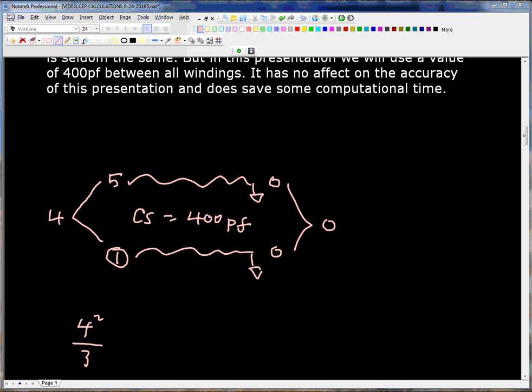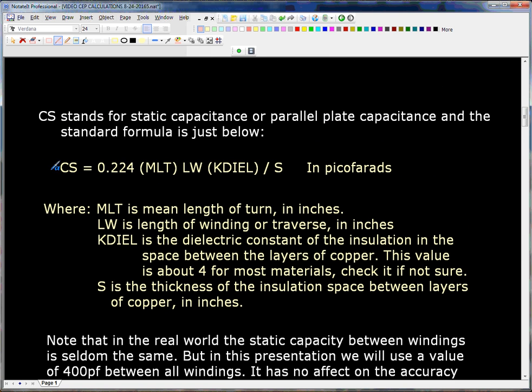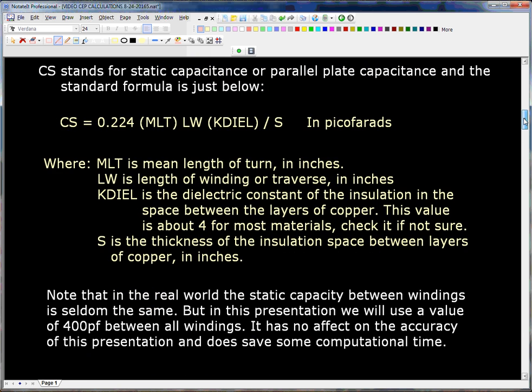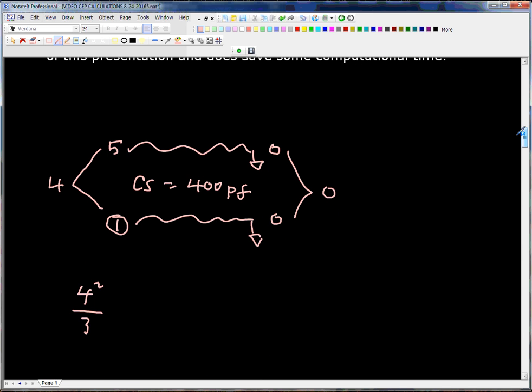Now remember, we went up here and showed you an equation right here. That's this value. Normally you would calculate it doing this. Okay? But here we've picked a value, called it 400 puffs.